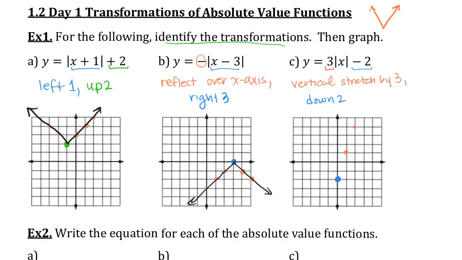It's going to be taller by 3. On the left side, I'm also going to go up 3, left 1. So this is a tall absolute value because it got stretched by 3. Instead of the slope being 1 and -1, it's 3 and -3.